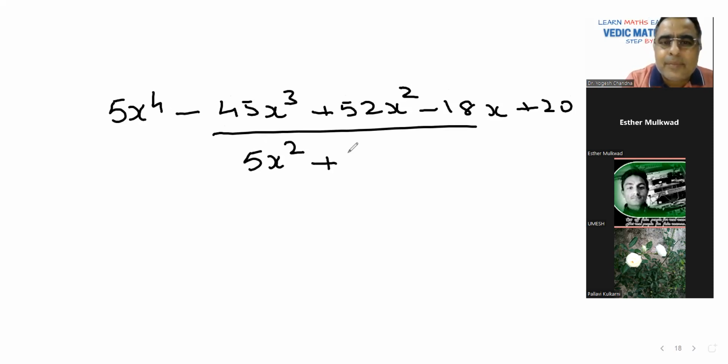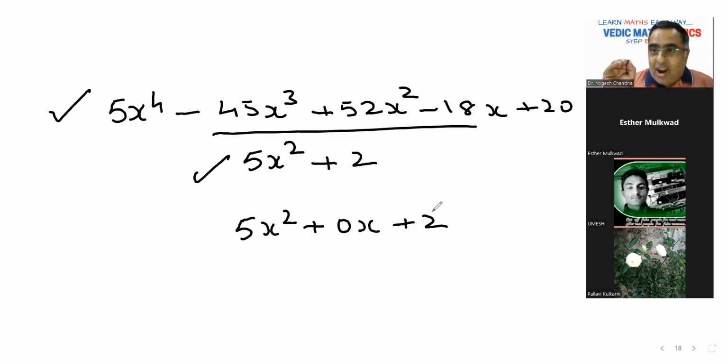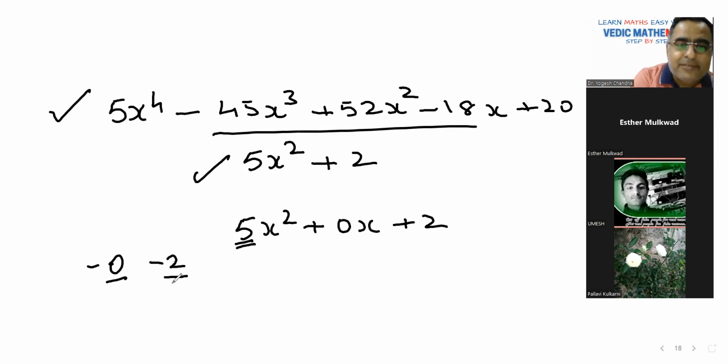So first thing, is this complete? No, 0x. So we'll do 5x square plus 0x plus 2. This is one thing. Still, now you cannot have coefficient. So you'll write like this: 0 and minus 0 and minus 2 by 5.